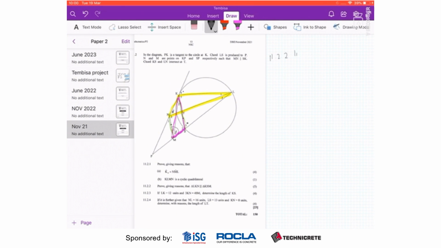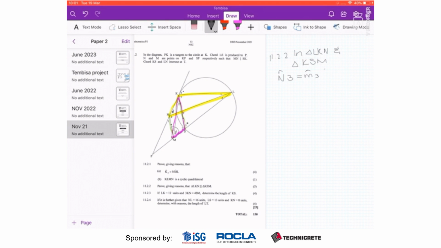So make sure when you're proving similarity, you say it in triangle LKN and triangle KSM. My first thing I said is angle N3 is equal to angle M3.